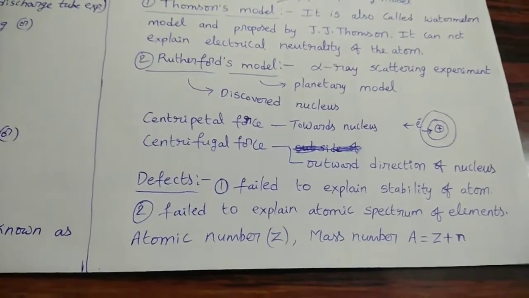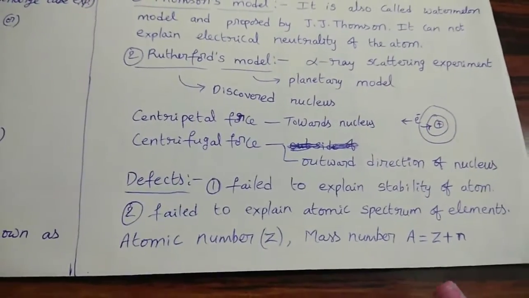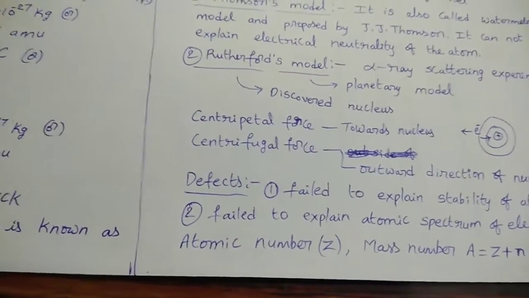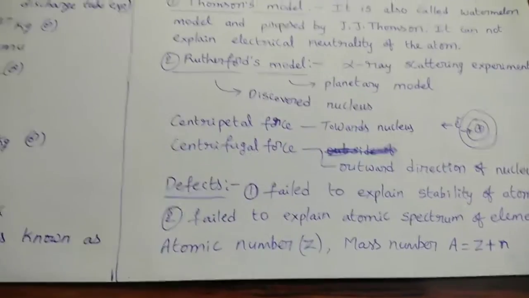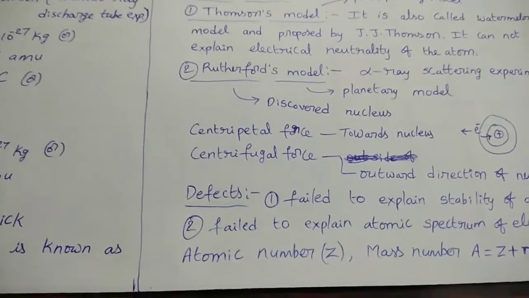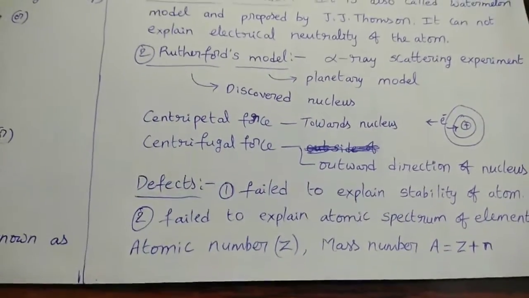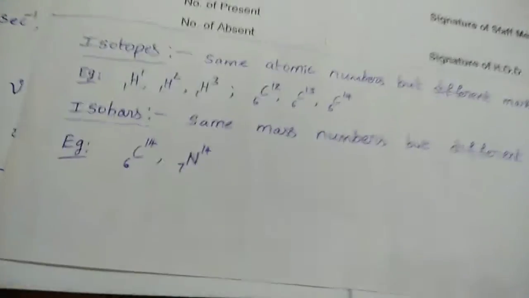Here atomic number is nothing but the number of protons we have to consider, because electron mass is negligible. When we consider mass number, we have to consider the mass of neutrons and protons only. So the mass number definition is the sum of the number of protons and neutrons present in the atom. Formula: A equal to Z plus N. Very simple definitions.